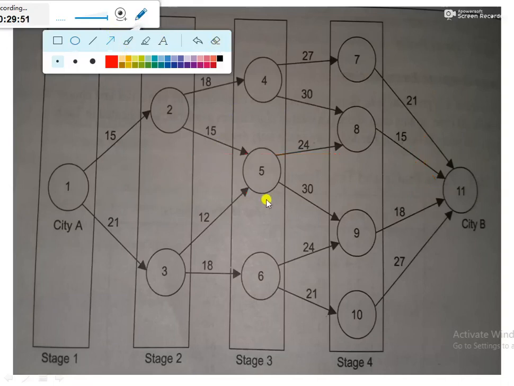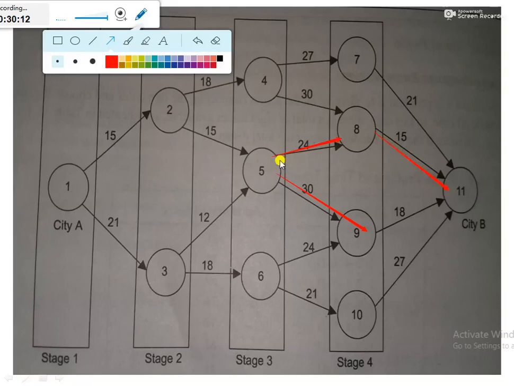At stage 3, the traveler can be at point 5, and from point 5 he has only two routes, that is 5 to 8, which will take 24 hours, or 5 to 9, which will take 30 hours. If the decision maker opts for the route 5 to 8, then again he has to take the route 8 to 11.